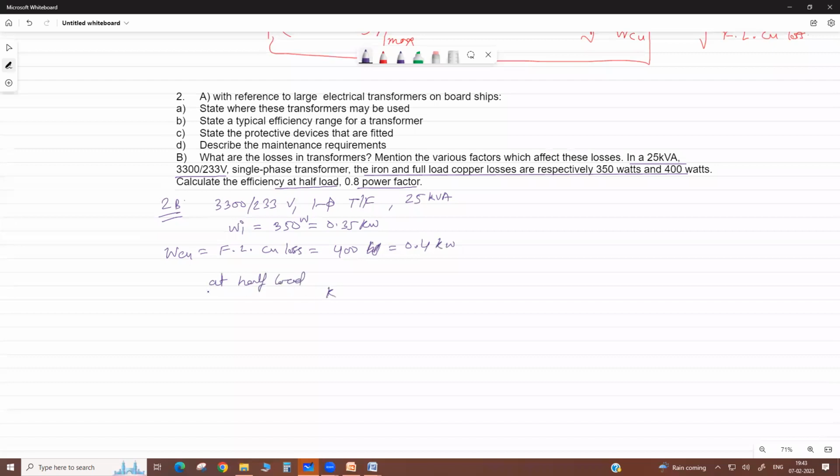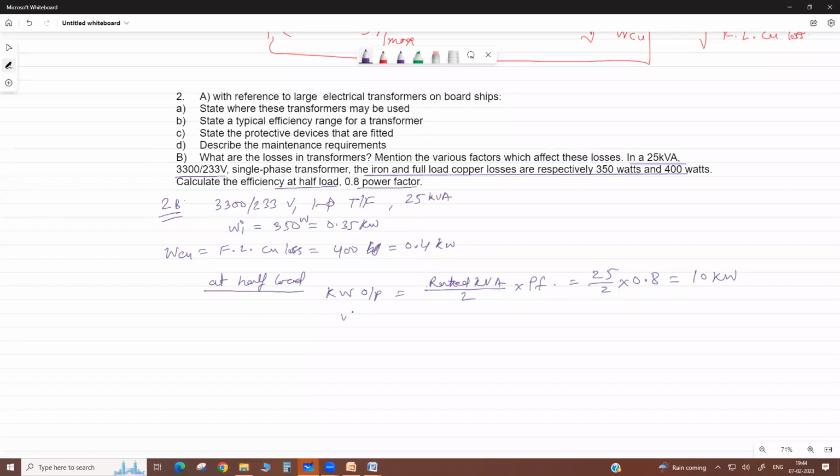What is the kilowatt output of the transformer at half load? Half of the rated kVA into power factor: 25 by 2 into 0.8 power factor. That is 10 kilowatt.